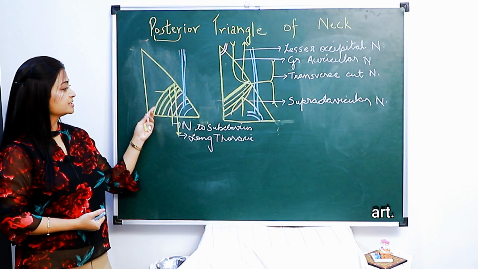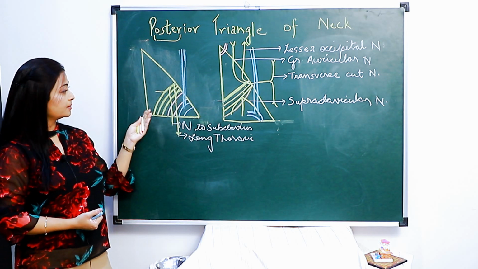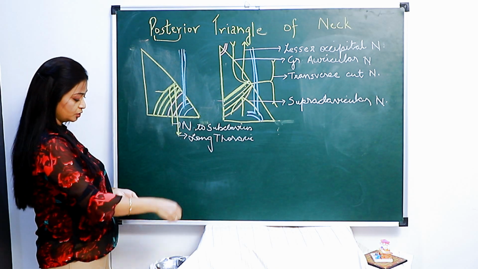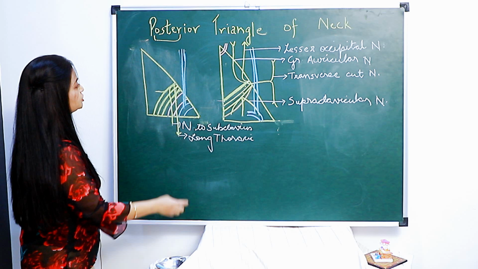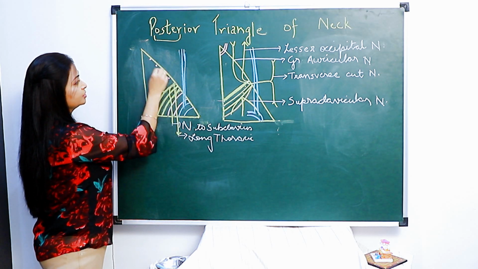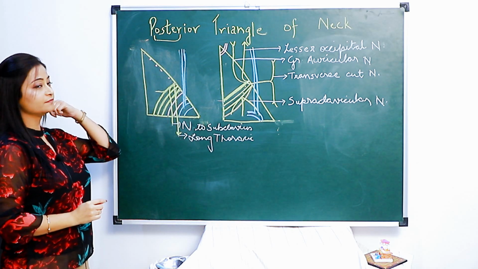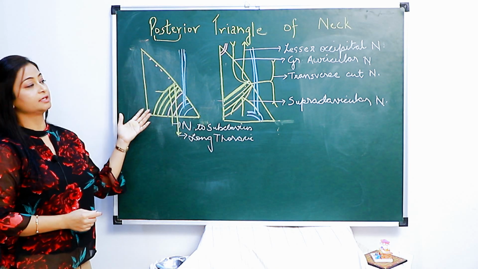So these are the main contents of the supraclavicular triangle. Apart from this, you have a whole lot of lymph nodes which are particularly present near the posterior border of the sternocleidomastoid muscle, and these often get enlarged and infected.